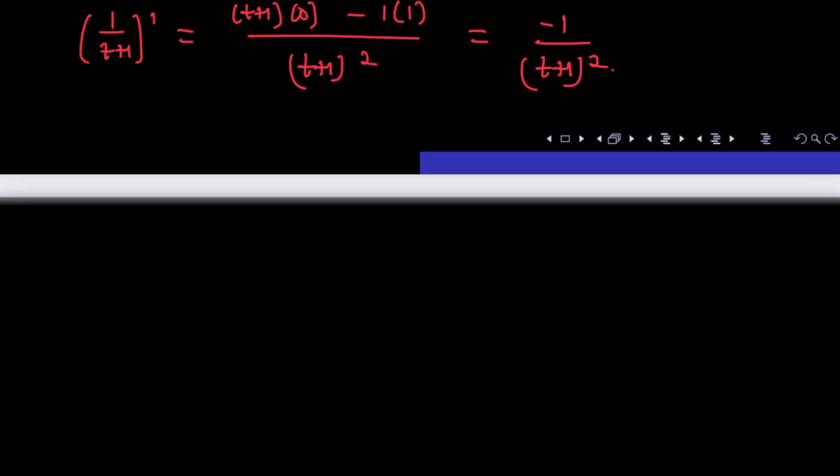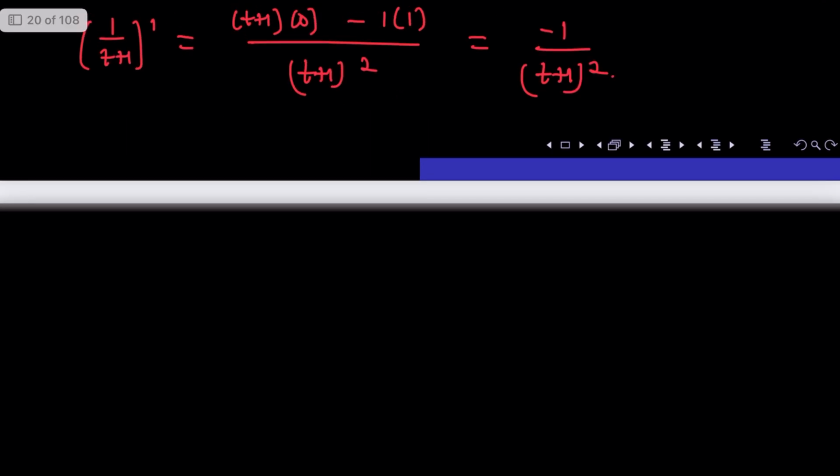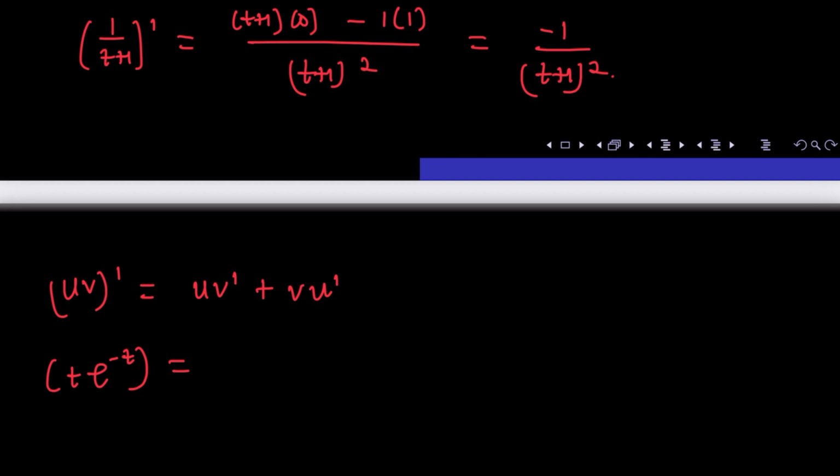That of the j component, we are going to use the product rule. So if we are to differentiate uv, then we are going to keep u, then we differentiate v, plus we keep v, then we differentiate u. Here we have to differentiate t e to the minus t. So we will now keep e to the minus t, then we differentiate t, that will give us 1.